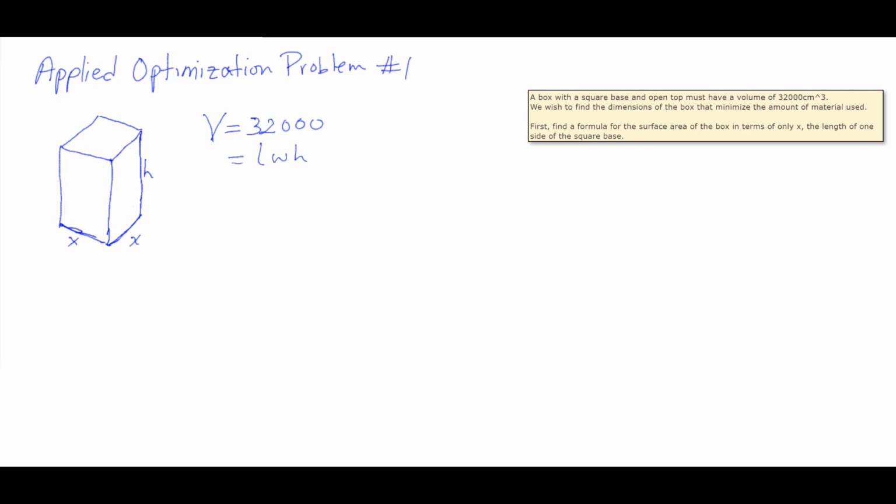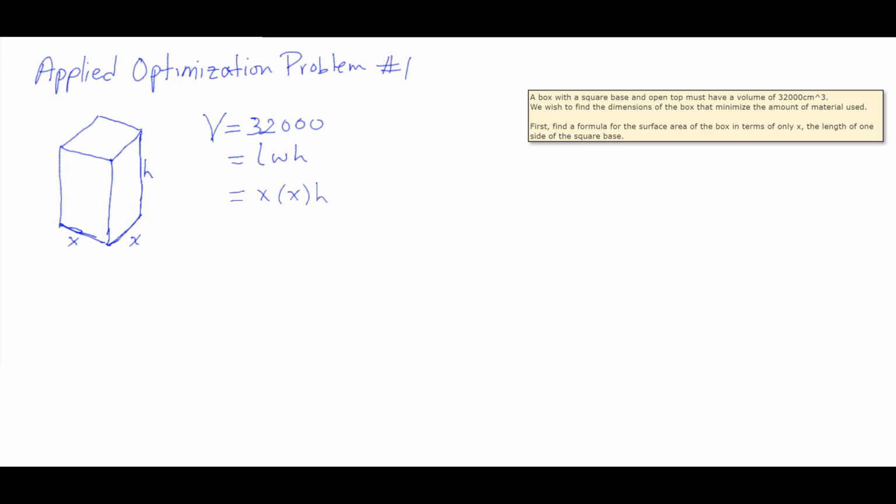We know that the length and the width of the box are the same because it's a square base, so that's going to be x times x times h.